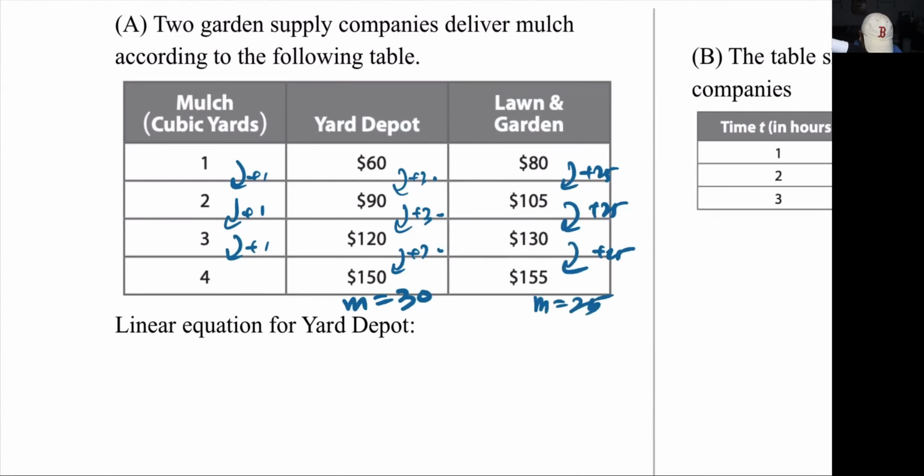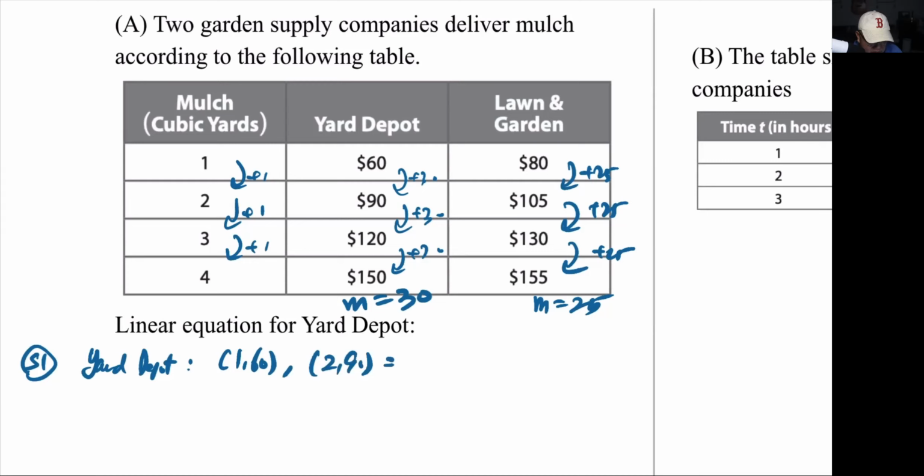Step number 1, we're going to create an equation for both of them. So yard depot, okay, guys. On the left-hand side, yard depot works like, okay, we have 1 comma 60, and what we could do is 2 comma 90.